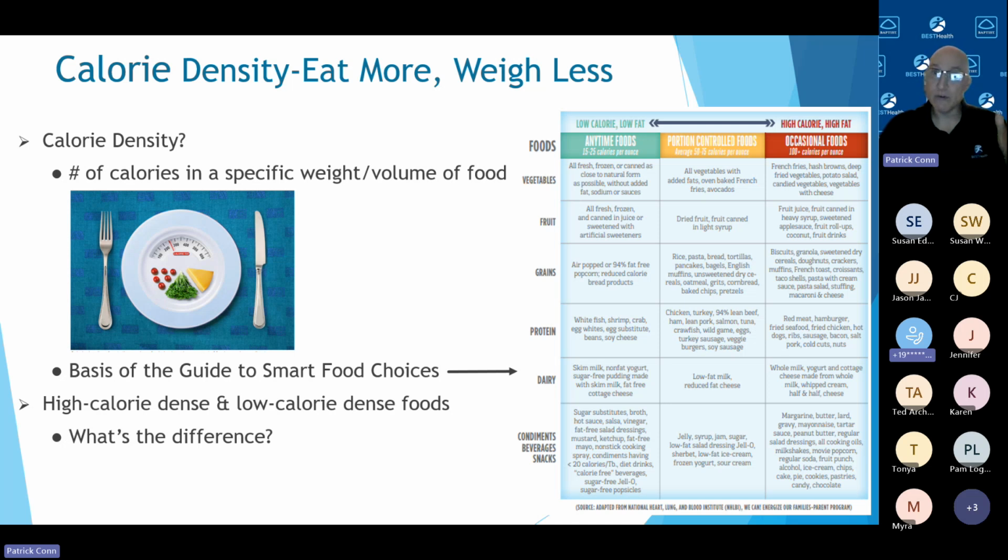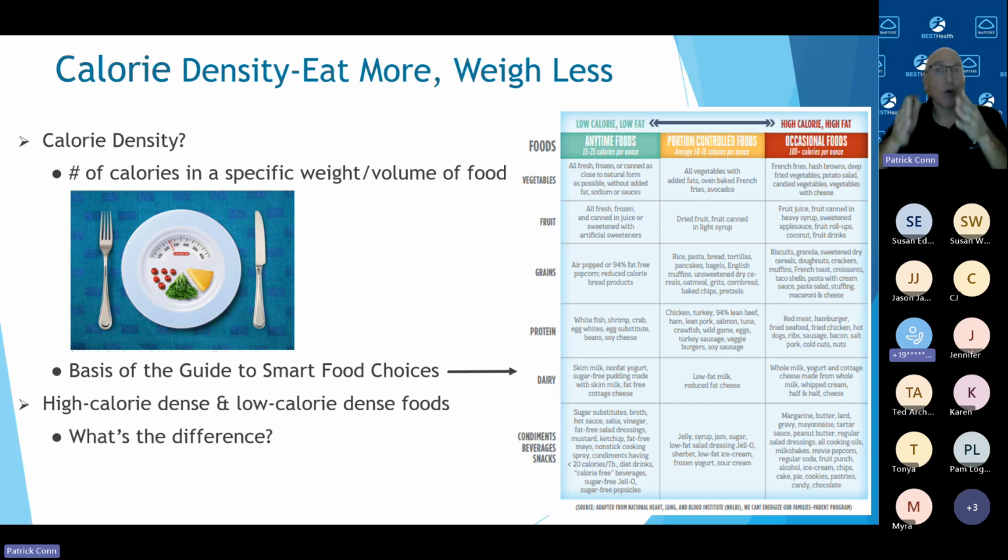So your anytime foods are those green foods that have a low amount of calories per weight or volume of food. So you can eat a larger quantity of those and get fewer calories. Whereas the portion control or the yellow foods are the ones where the calorie intake does go up based on the weight or the volume of the food.